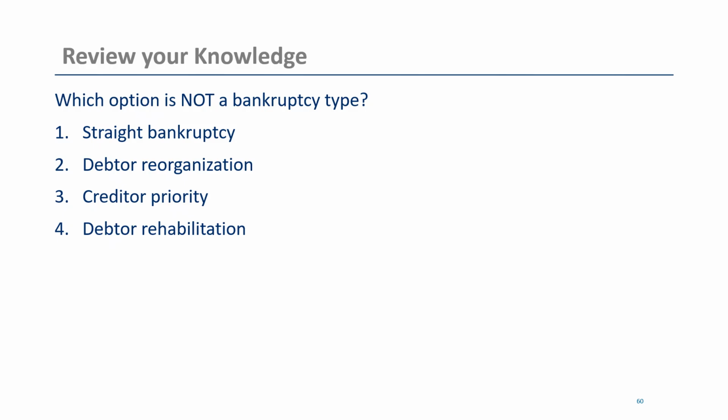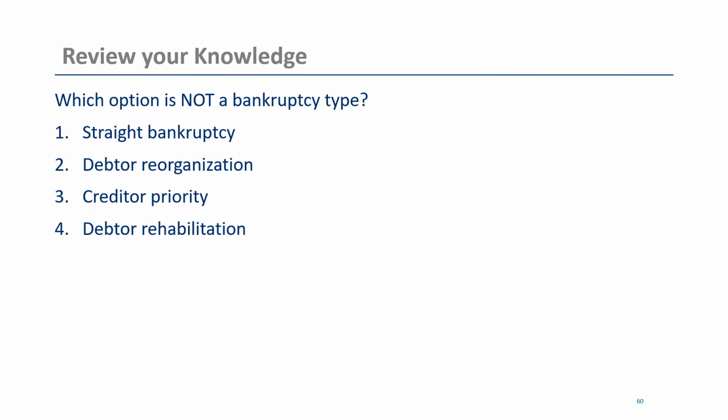So let's review our knowledge. Which option is not a type of bankruptcy? Number 3, creditor priority. This is not a type of bankruptcy because creditor priority identifies a secured creditor who holds some monetary assurance of payment of debt, such as a mortgage, collateral, or lien.